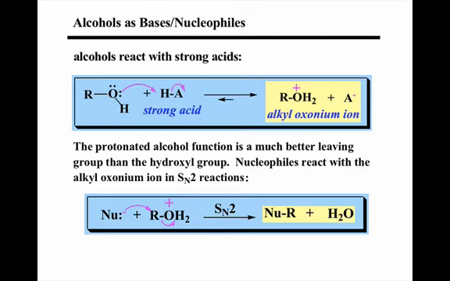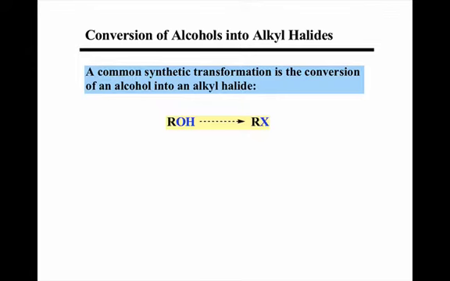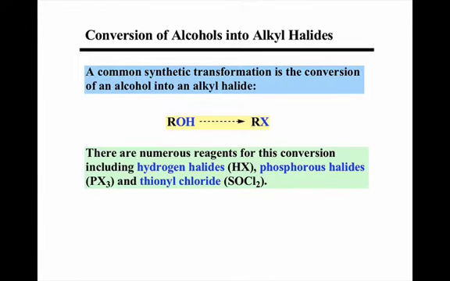What do we want? We want nucleophiles that are the conjugate base of strong acids for this reaction to work. And so it turns out that we can do this with the hydrogen halides. So instead of HA, if we use HX, HCl, HBr, HI, this reaction works pretty good.